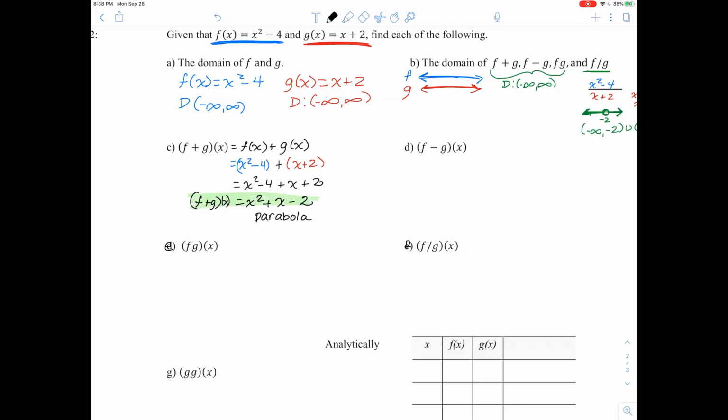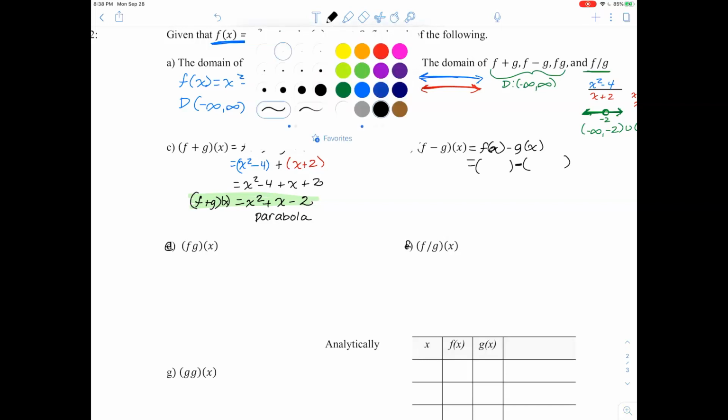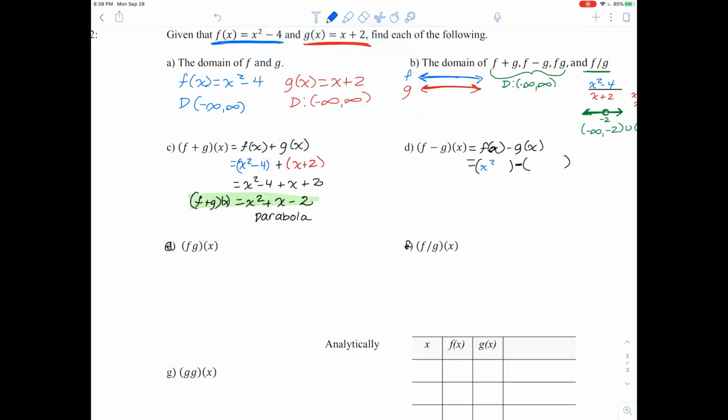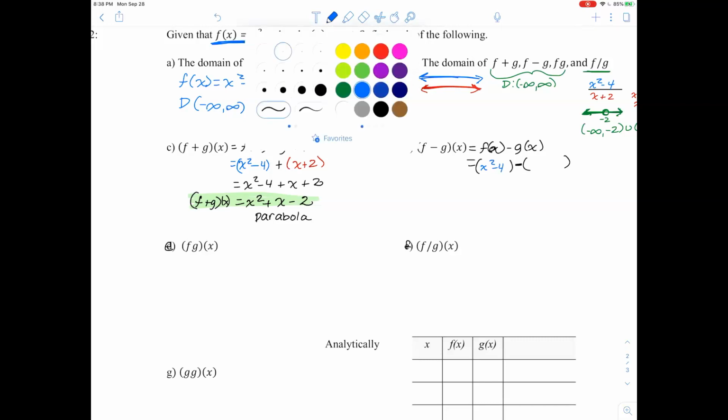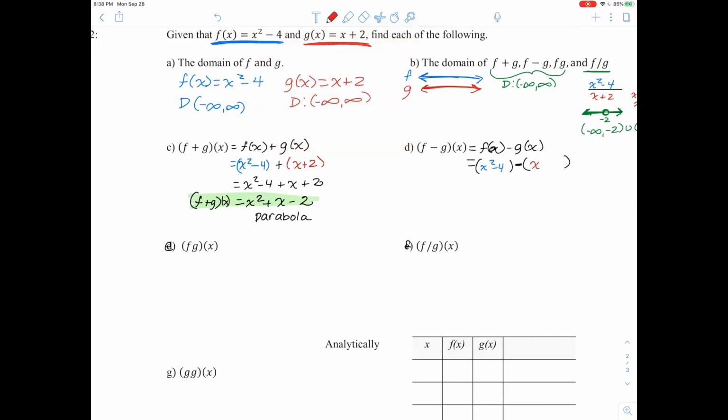For our f minus g of x, remember we're doing the f of x minus the g of x. Okay, and so I'm going to put my minus sign in there. I'm going to put some parentheses because I'm going to replace the f of x with x squared minus 4, and I'm going to replace the g of x with x plus 2.